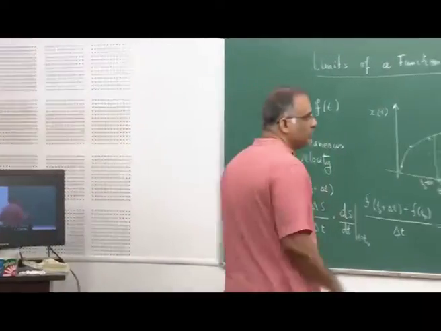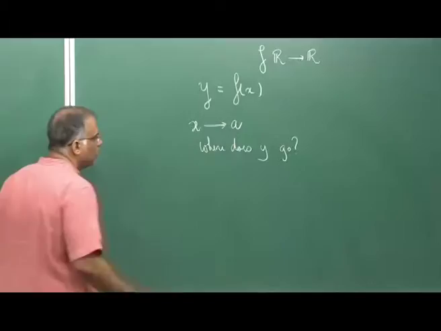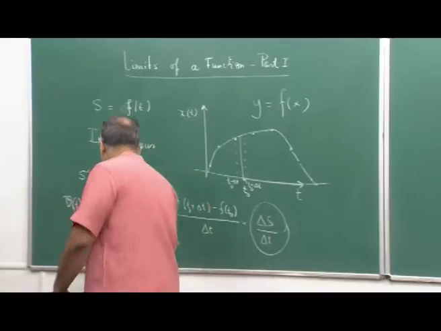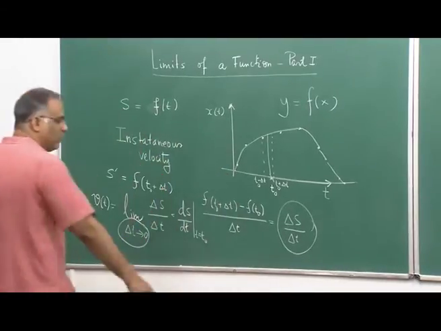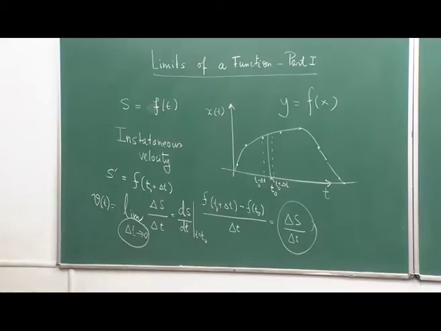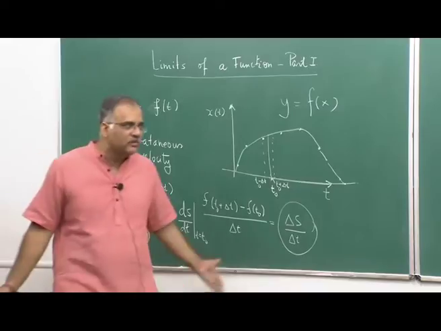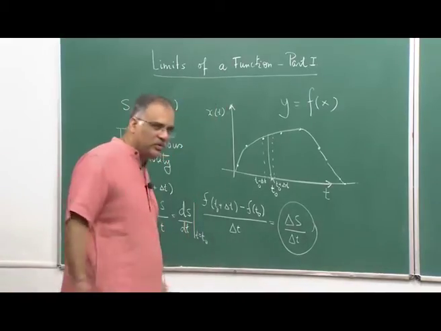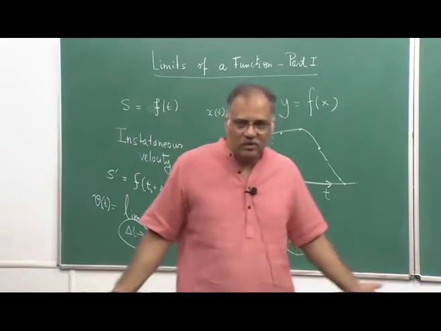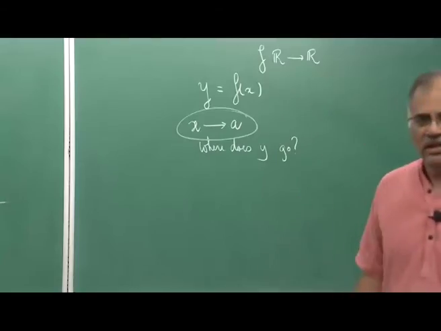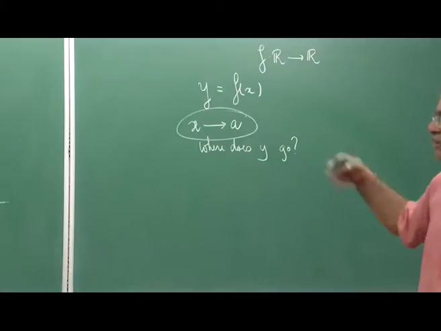So, where does y go? Now, you might ask me what is the meaning of x going to a, or what is the meaning of delta t going to 0. When I was in my 11th standard, this was the equation our teacher wrote on the board, and we found it pretty strange because we had no knowledge of calculus. So, we asked our physics teacher, what do you mean by delta t goes to 0?